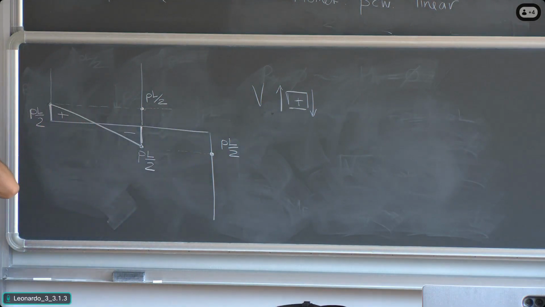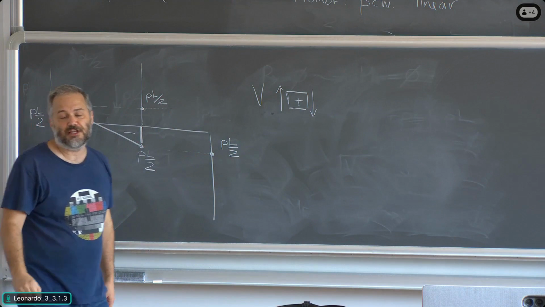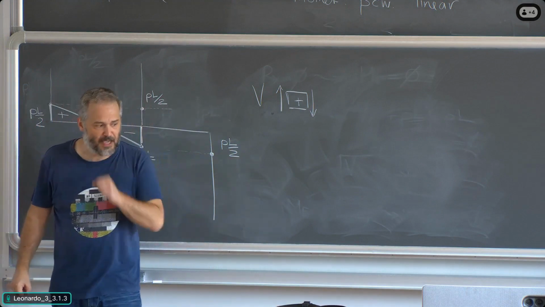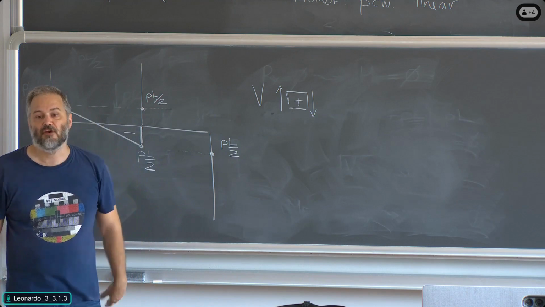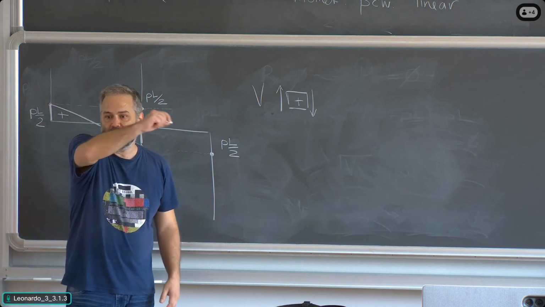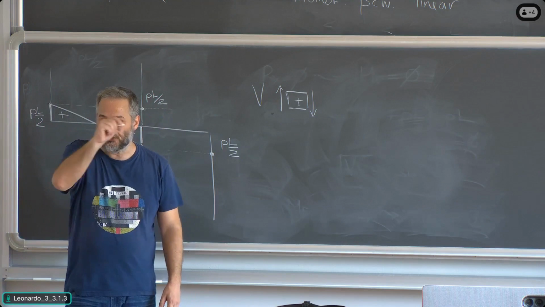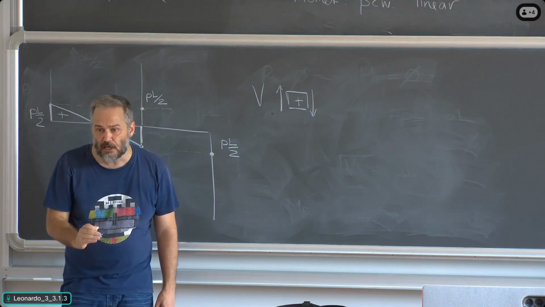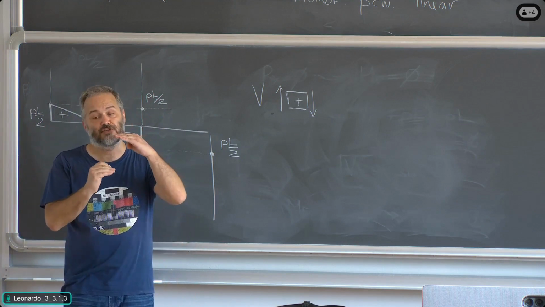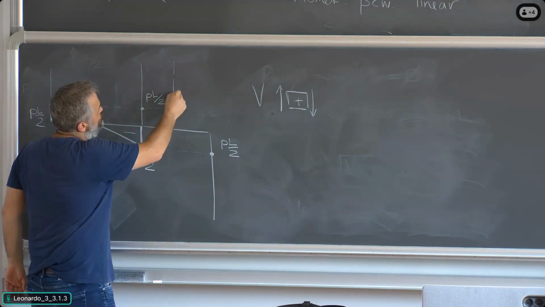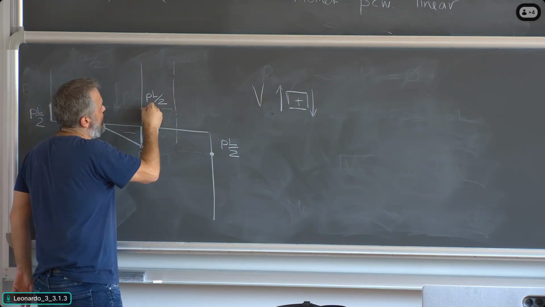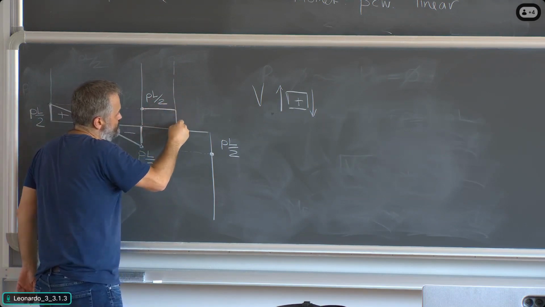What happens at the middle? We could demonstrate it by equations, but we know it from what we did during the course. If you have a concentrated load, the shear force diagram has a discontinuity, which means a jump, which is exactly equal to the value of the force applied. So there should be a discontinuity at mid-span, which means the diagram is like this.